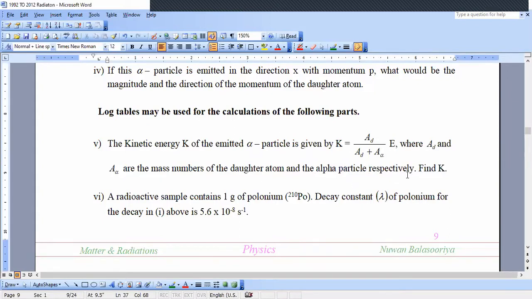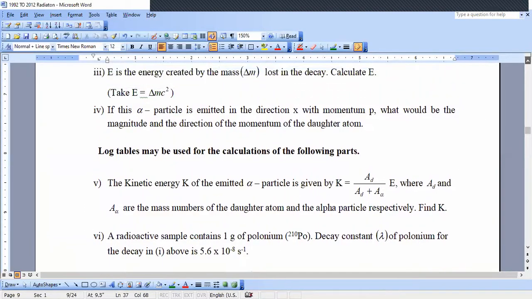Find K. Right, they have given us this equation.